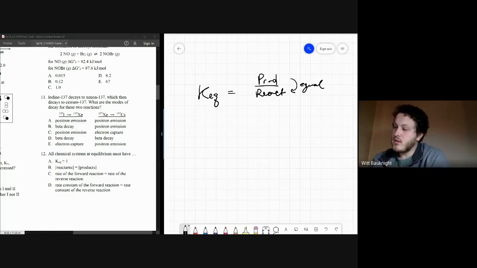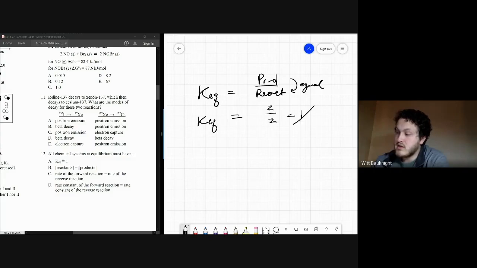So we know that, let's say they're equal to each other, 2/2. If they were, well, that would mean that Keq is equal to 1, which doesn't have to be the case, and that they don't have to be equal.